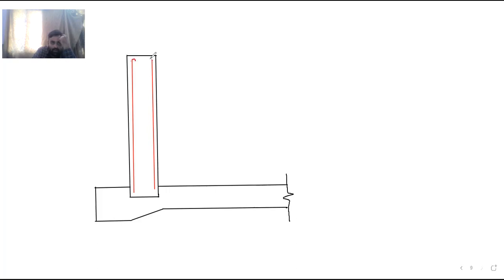So the reinforcement is provided like this. So this is your main steel bars, which are 10 mm diameter, about 160 mm center to center.